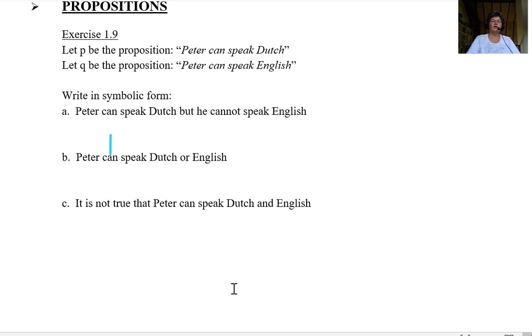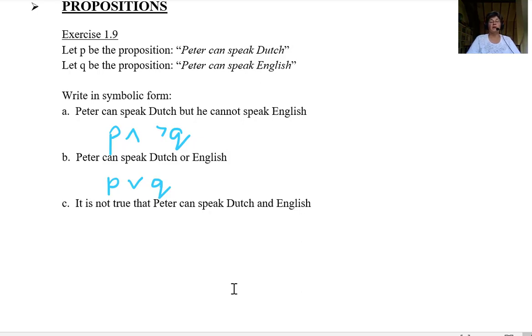So that's P, and he cannot speak English, not Q. B, Peter can speak Dutch or Peter can speak English: P or Q. They didn't say it's an exclusive or, so it's just a simple or.